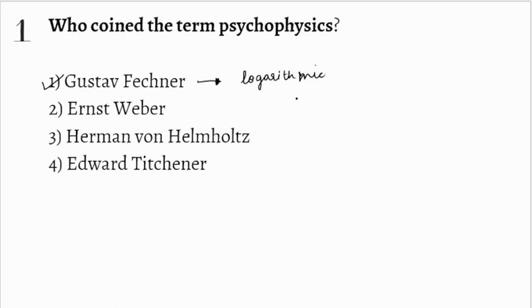Ernst Weber talked about just noticeable difference. Hermann Waltz talked about reaction time; he was the first person to do a study on reaction time. And Edward Titchener, we all know, was the founder of the school of structuralism. Okay then, very well done all of you.